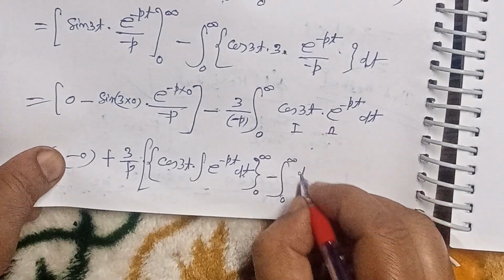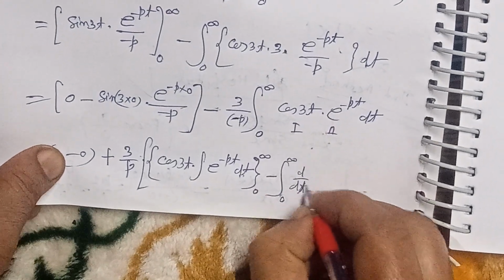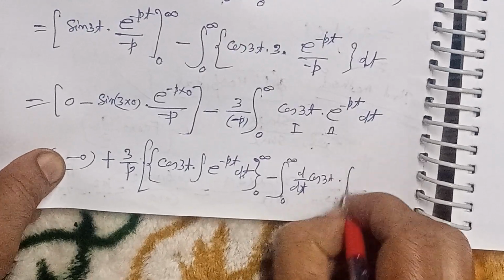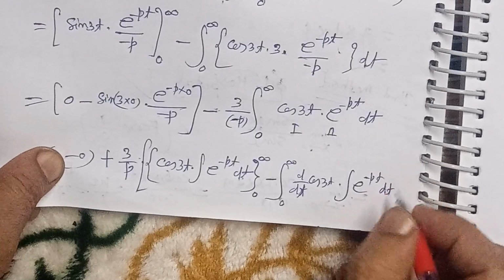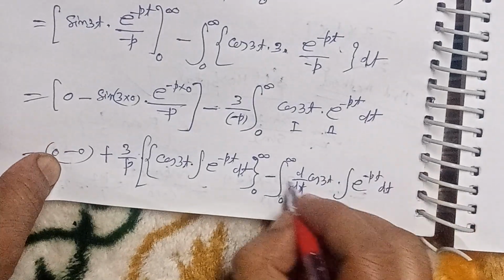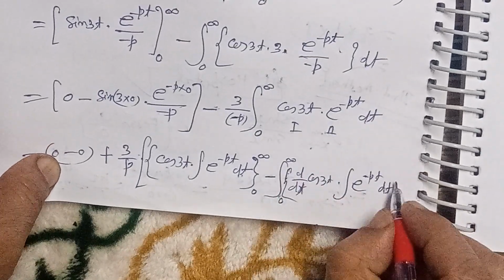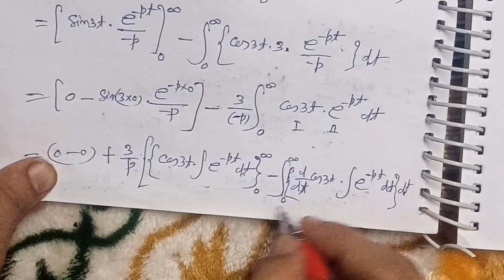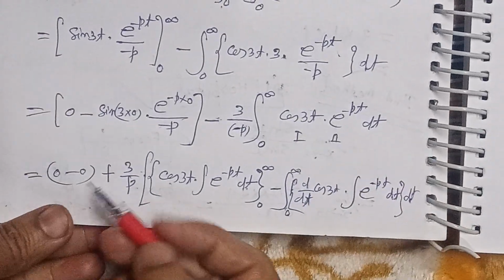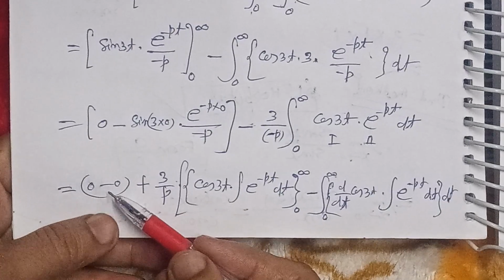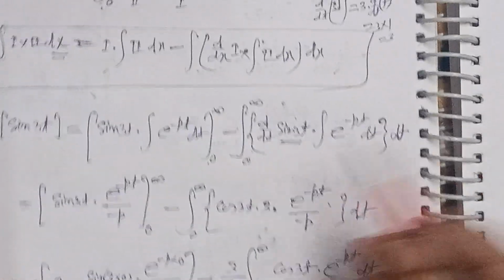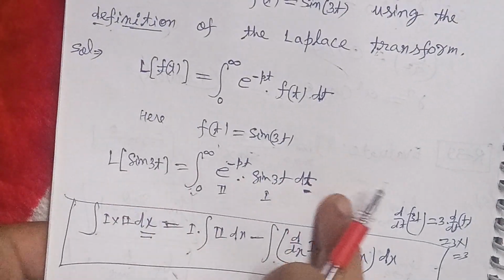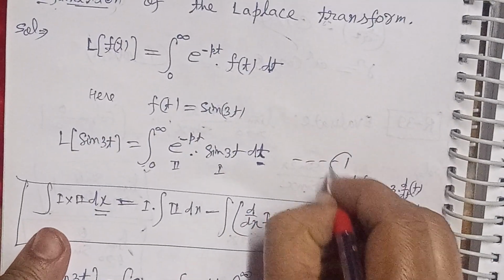Differentiate first function, which is cos 3t, and integrate second function, which is e to the power minus pt dt, and the multiplication of these we integrate with respect to t, again from 0 to infinity. This is 0, so I do not write this value and write this value as equation number 1. I will use it.